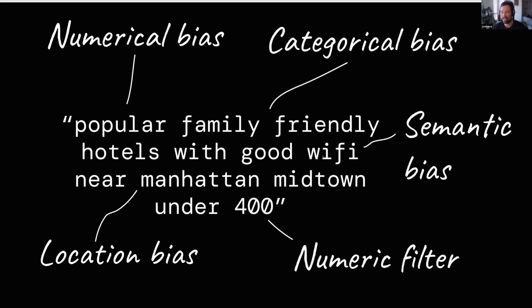So good Wi-Fi: if you take whatever MTEB winning text embedding model and give it a bunch of reviews, and some reviews say bad Wi-Fi and some say good Wi-Fi, and then you search for good Wi-Fi, you get a mix of both out, right? Because the model over-indexes on Wi-Fi, not the association of good Wi-Fi. So we have fine tunes for that.